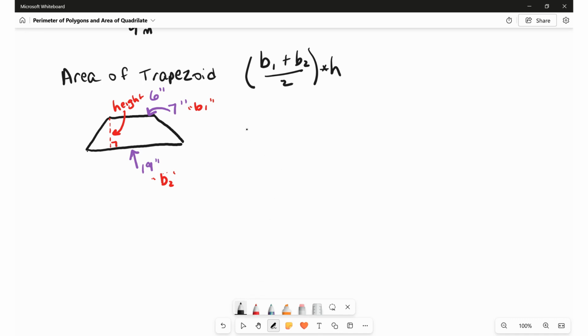So base 1 inches plus base 2 inches divided by 2 times the height.